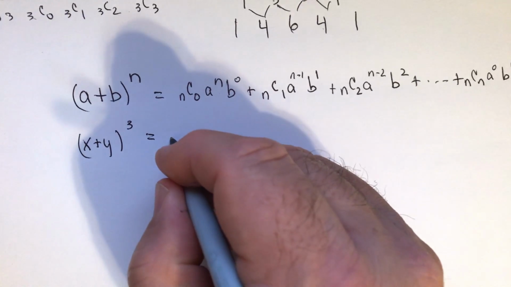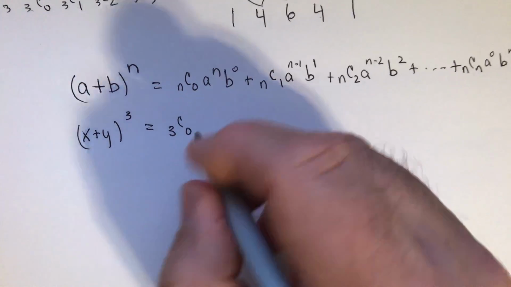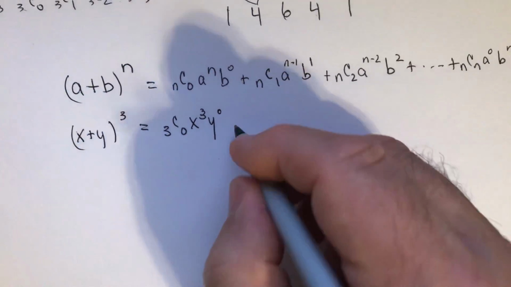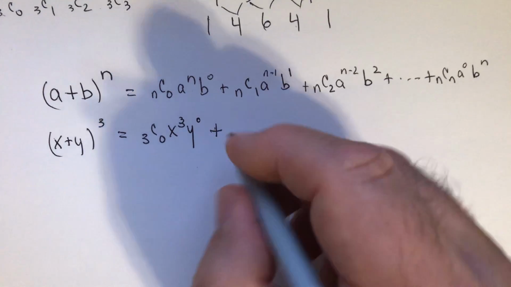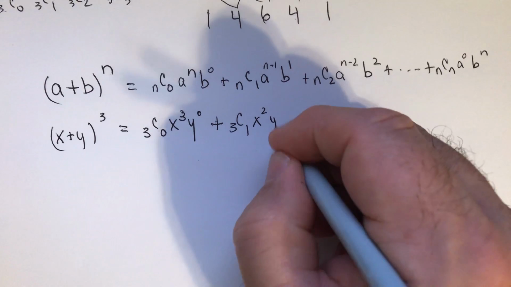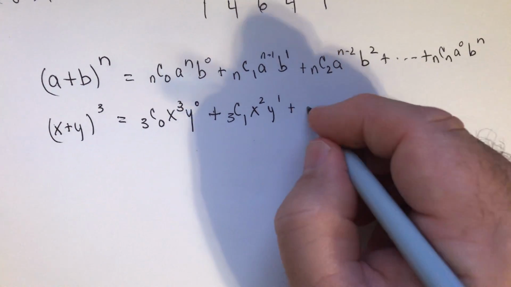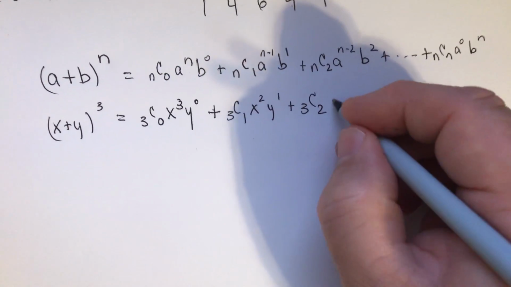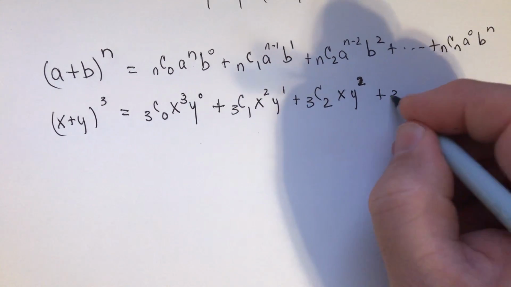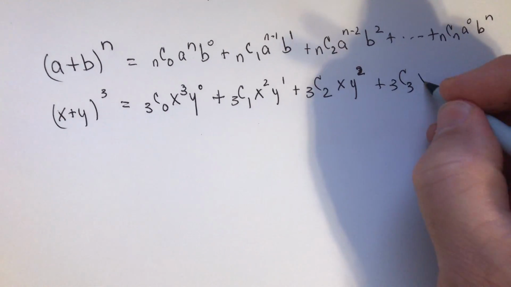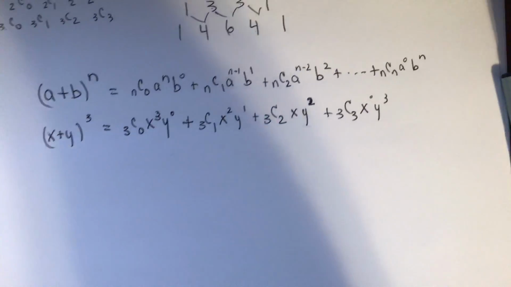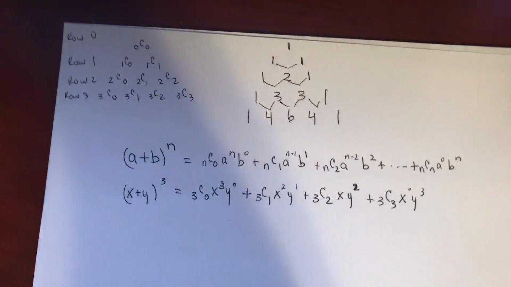So this is 3c0 times x to the 3rd, y to the 0, plus 3c1 x squared y to the 1st, plus 3c2 x y to the 2nd, plus 3c3 x to the 0 y to the 3rd. This is just a simple example.